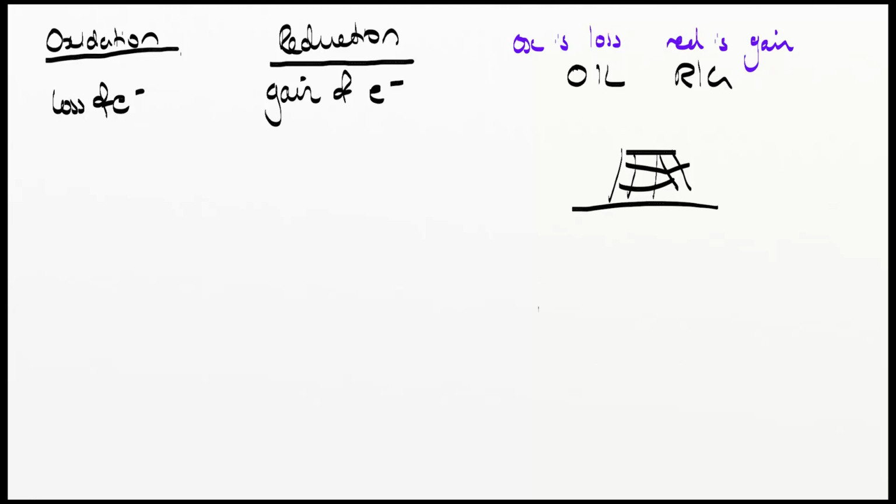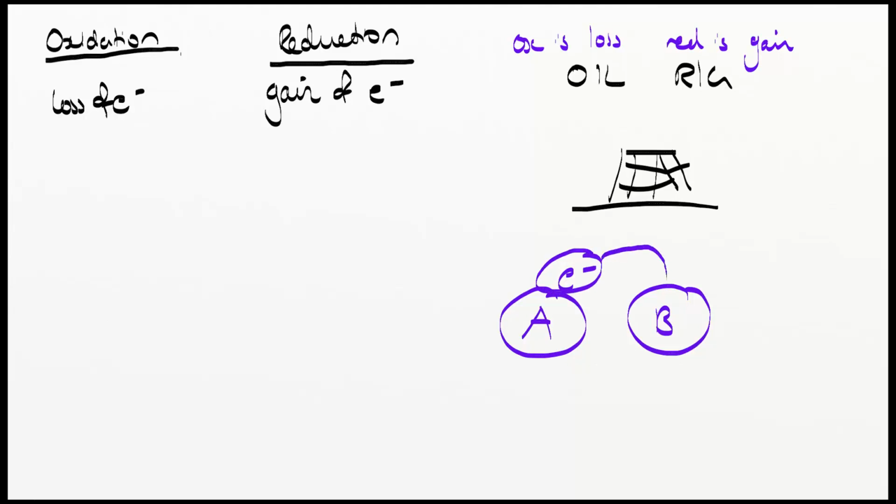When we think about this, remember we have chemical A over here and chemical B over here. If chemical A loses its electrons, the electrons must go somewhere, and they must then go to chemical B. So we say chemical A is oxidized and chemical B is reduced.